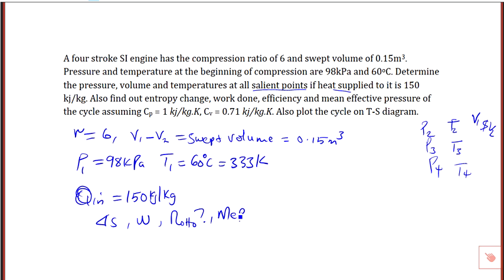We are given that Cp is equal to 1 kilojoule per kilogram Kelvin, and Cv is equal to 0.7. Remember, these are constants. Then plot the cycle on a TS diagram.